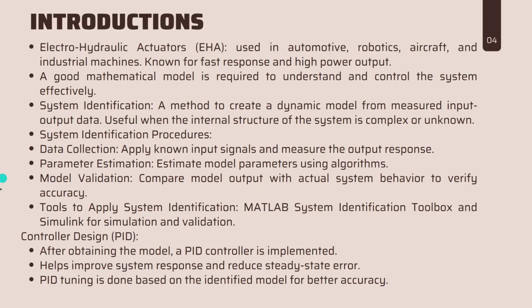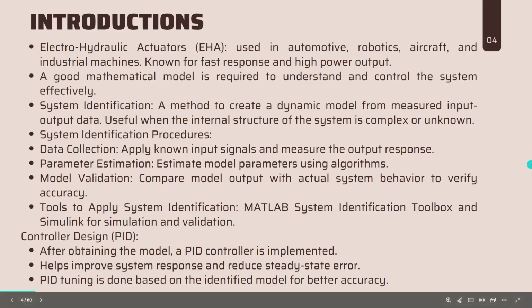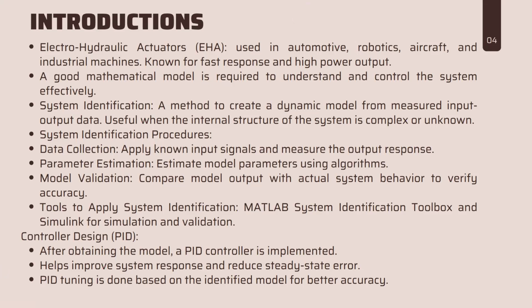For our model, we use electro-hydraulic actuators, which are usually used in automotive, robotics, aircraft, and industrial machines, and are also known for fast response and high output. To understand and control the system effectively, we need a good mathematical model, where we use system identification to create a dynamic model from input-output data.